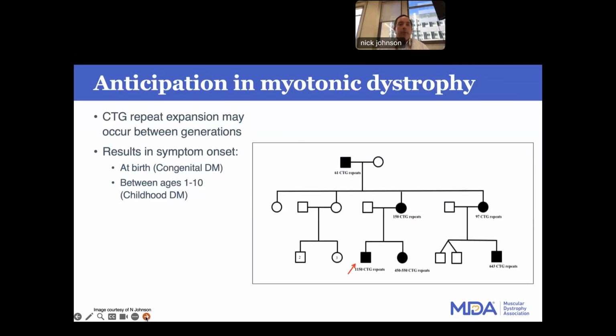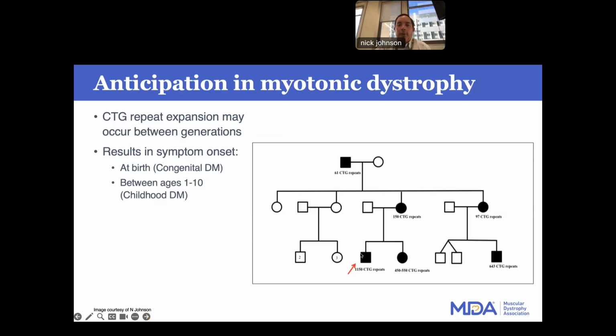When symptoms develop at birth, that's known as congenital myotonic dystrophy type 1. When symptoms develop between ages 1 and 10, that's childhood myotonic dystrophy. And over age 10, it's classified as adult onset myotonic dystrophy. This pedigree of a family that I previously took care of really underlines this point.